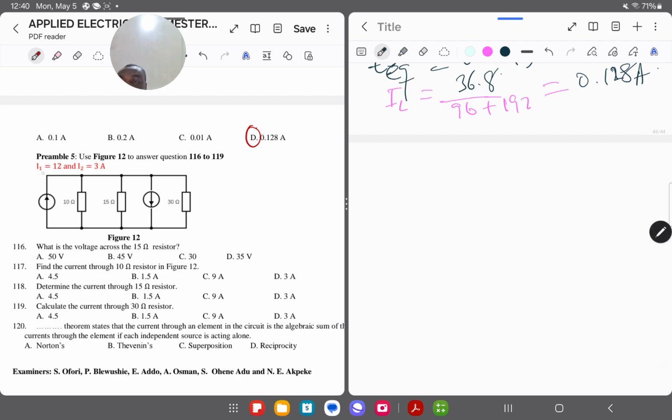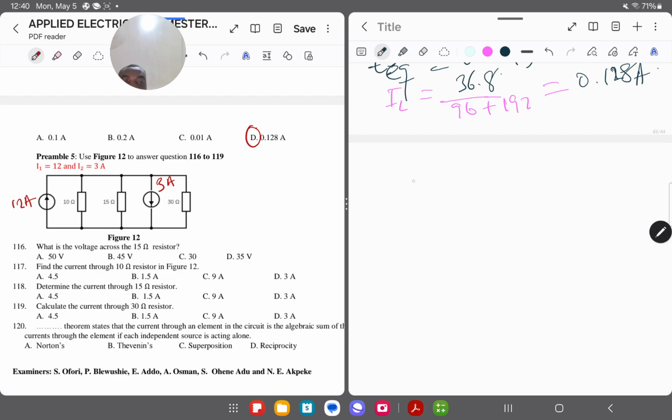Now with this we have I1, and when it is I1 here it is supposed to be the 12 ohms. So I1 for the first one is 12 amps, and here this one will be 3 amps.